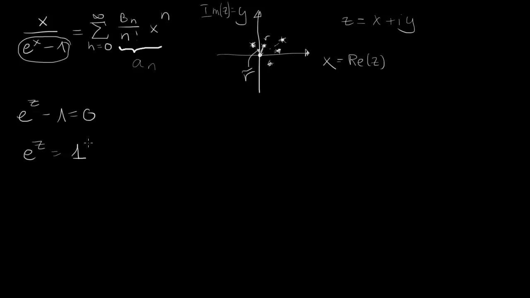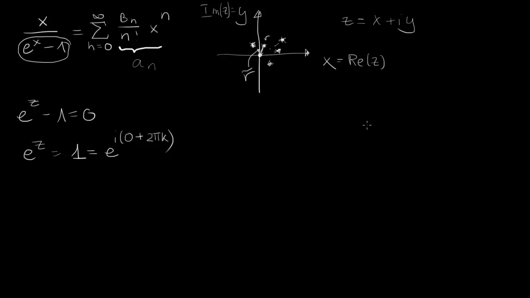Now in order to solve such an equation, we have to do a little bit of tricky stuff. First of all, we know that 1 can be written as e to the i multiplied with 0, and you see I have left some space, plus 2 pi k. Why 2 pi k?